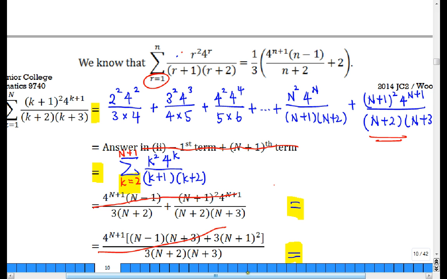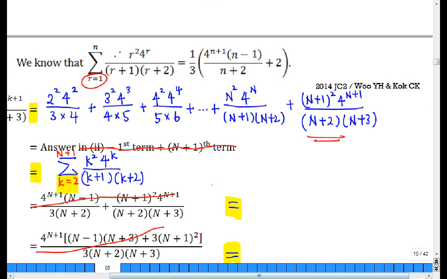So first thing I'm going to do is to say this is sum from k equals 1 to n plus 1 of k squared times 4k over k plus 1, k plus 2, minus away what? Minus away the first term.